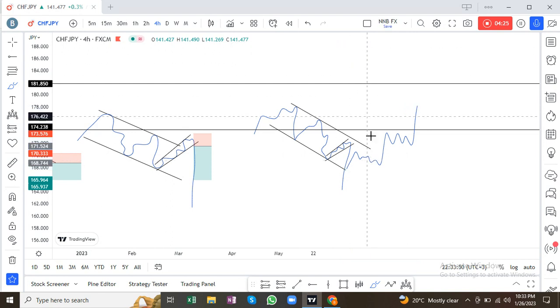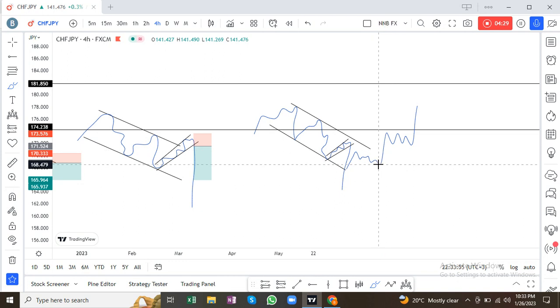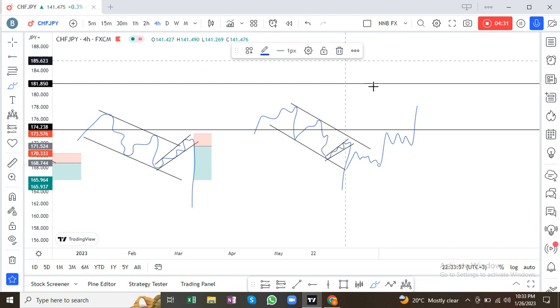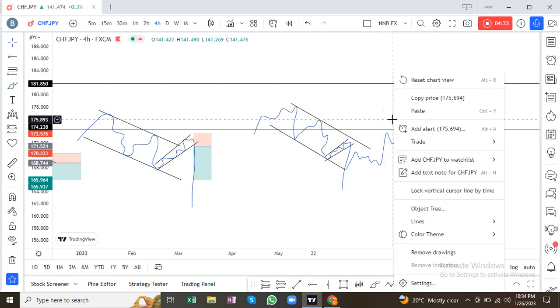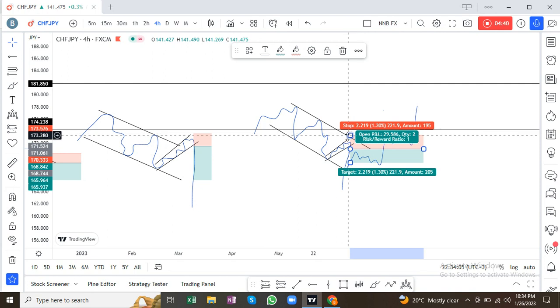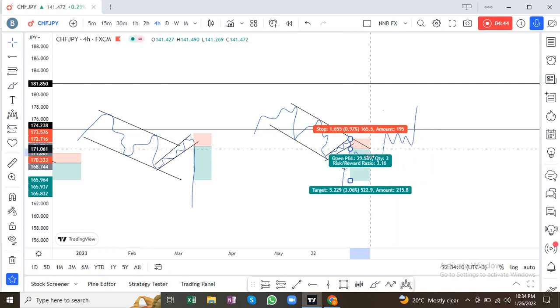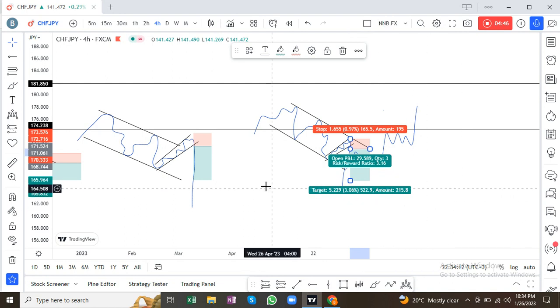It's no longer bearish. It's no longer going down. It's going to be going up. So on this, you can enter from here. They are not the most common structure, but they are very profitable.